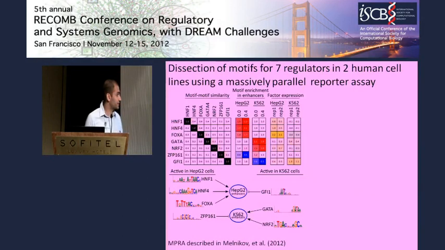Okay, so now we wanted to test these predictions and their motif instances specifically. Here we predicted 5 activators for these 2 cell lines, HepG2 and K562: these 3 for HepG2 and these 2 for K562. This is based again on the expression of the factor and enrichment of the motif. We also predicted a repressor for each cell line.